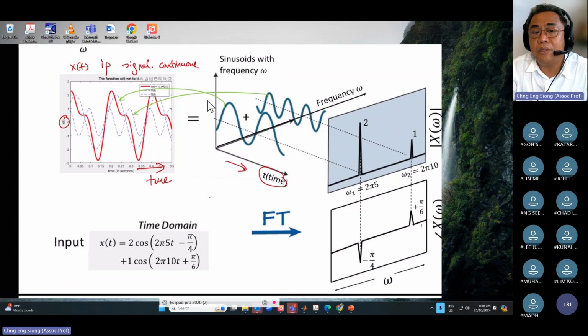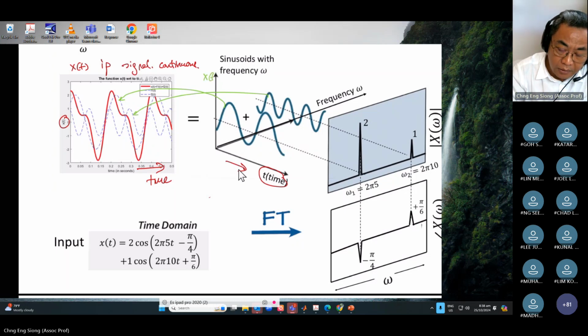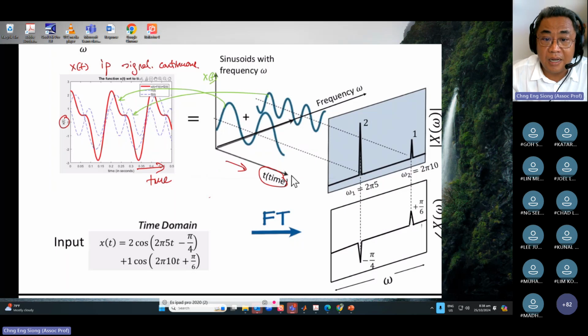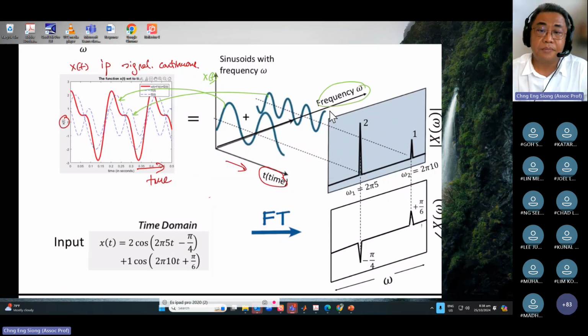Basically now I want to show it in 3D. This is still x of t over here, and this is time. And now I'm showing you only this blue dashed line across the frequency axis. I want to show you that I can now visualize the red line as a decomposition of these two blue lines.